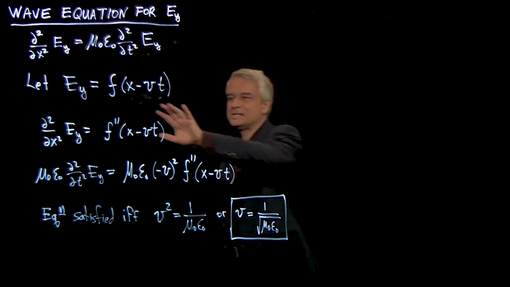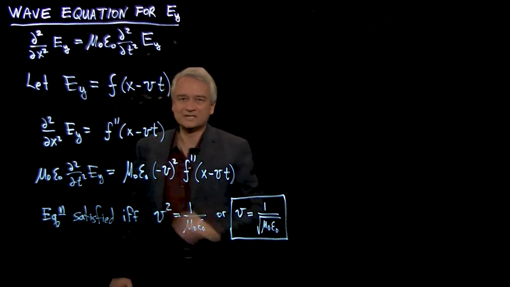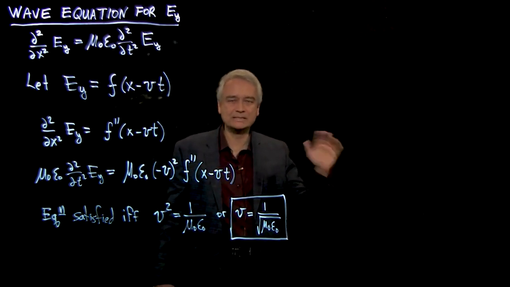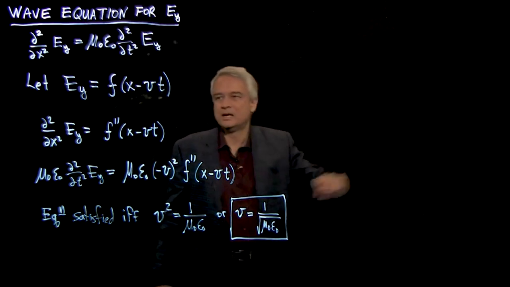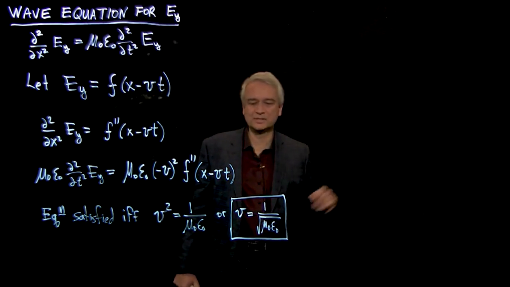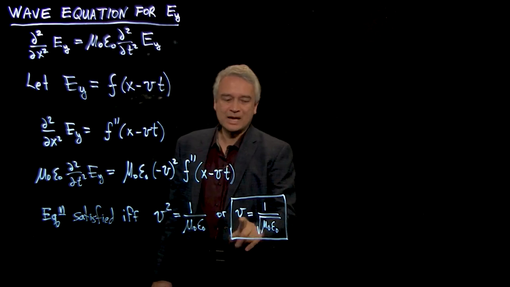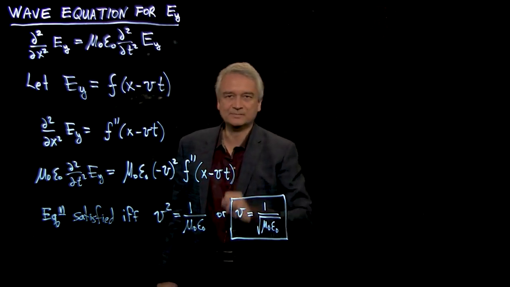And so what you see is that the fact that EY is given by a function of x minus vt means that whatever the pattern of EY is, it's moving in the x direction with speed v. So I have a wave solution traveling in the x direction with speed v, and the equations, Maxwell's equations, have told me the value of this speed.